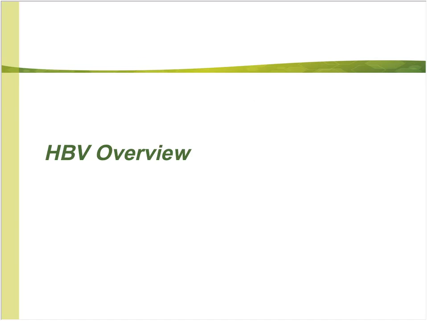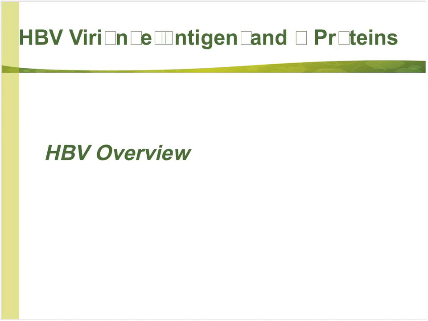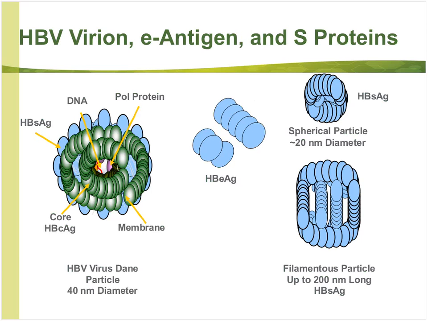All right, hepatitis B overview. This is a DNA virus that's incurable, that is surrounded by S-antigen and core antigen. The core antigen forms a capsid, and the surface antigen is part of the viral envelope. Inside the viral particle is the viral DNA. Those are the major components.